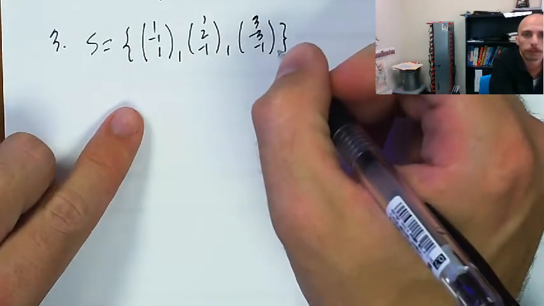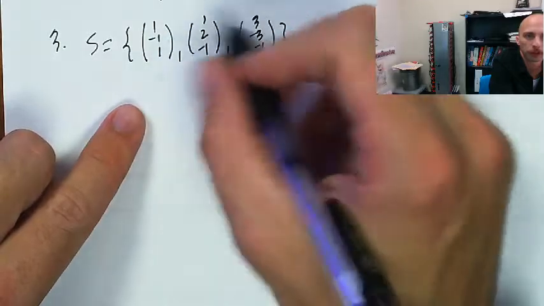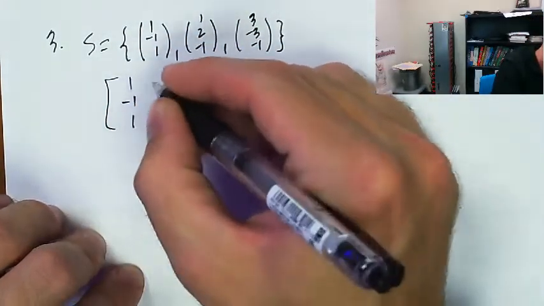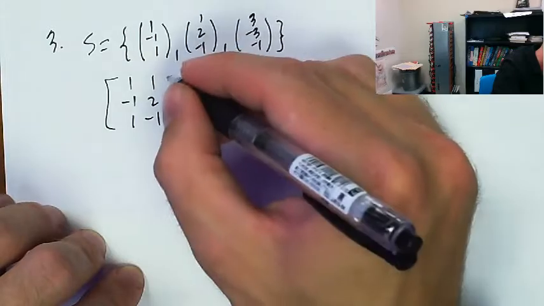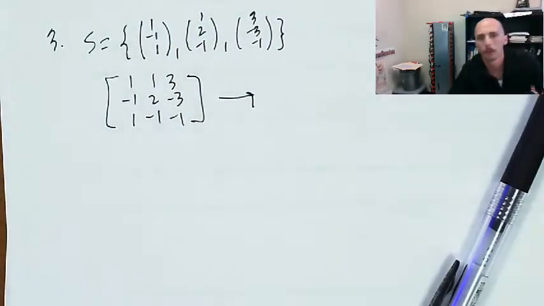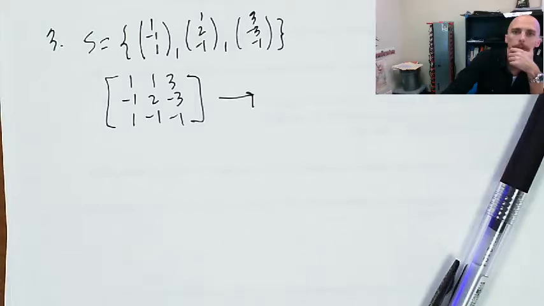And I'm going to row reduce the matrix that corresponds to these vectors squashed together and figure out where the pivots are, right? So I'm going to do that real quick.